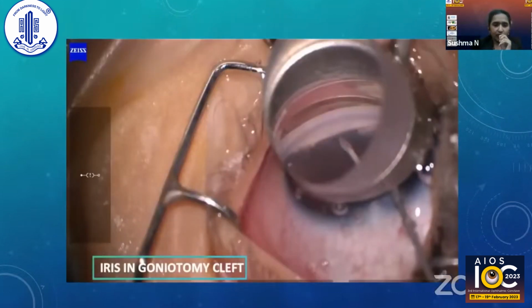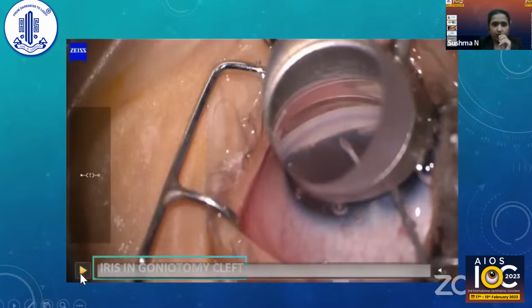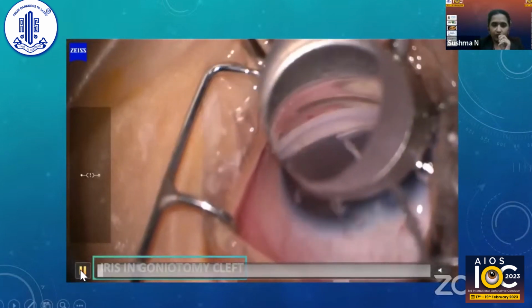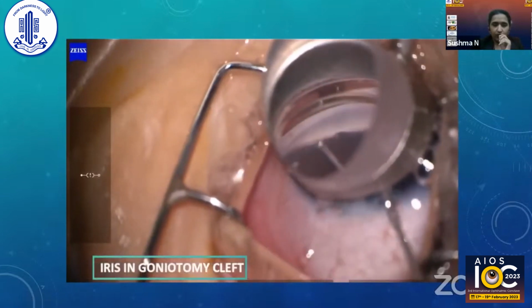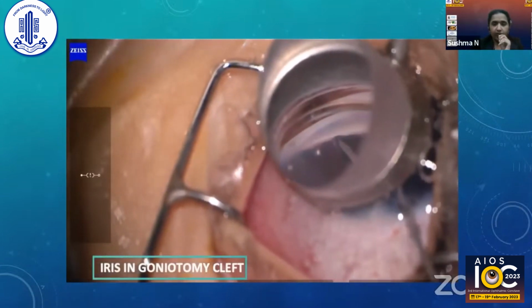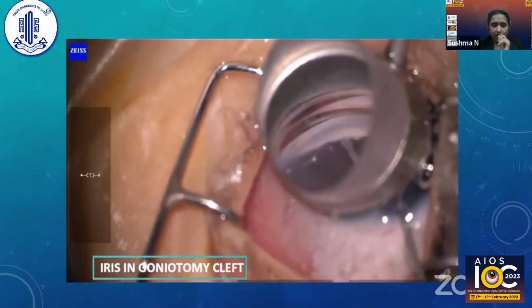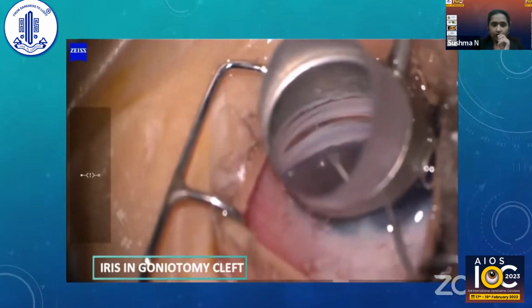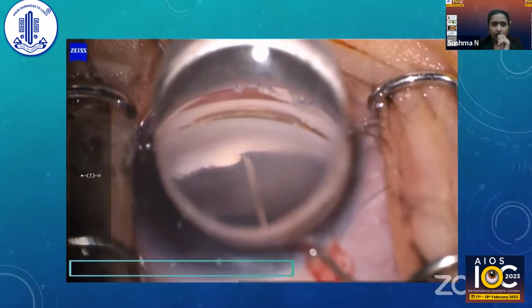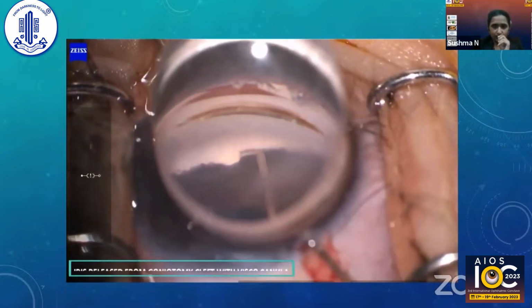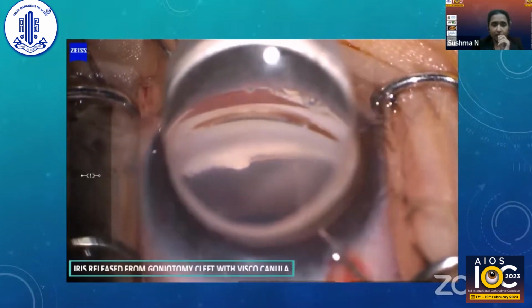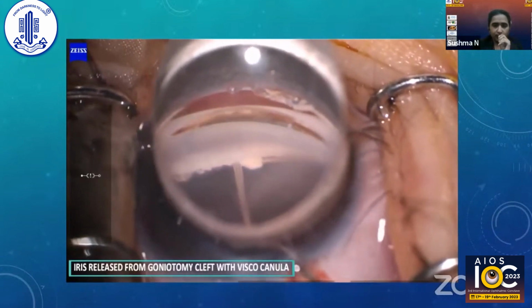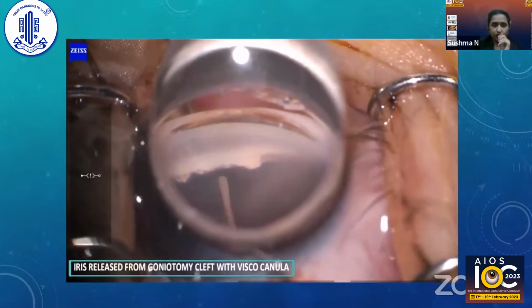This was another complication which again we saw during the EUA, in which after performance of goniotomy, the whole of the goniotomy cleft was covered with iris. So iris again goes and sticks into this goniotomy cleft. As it was only 4 weeks back that it was done, excessive fibrosis was not there.